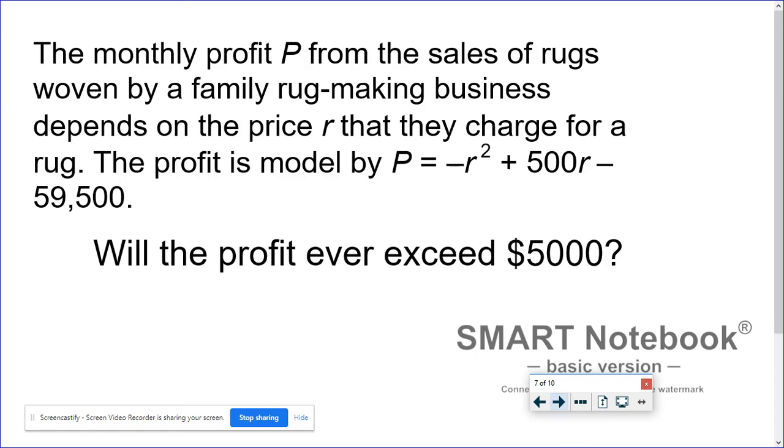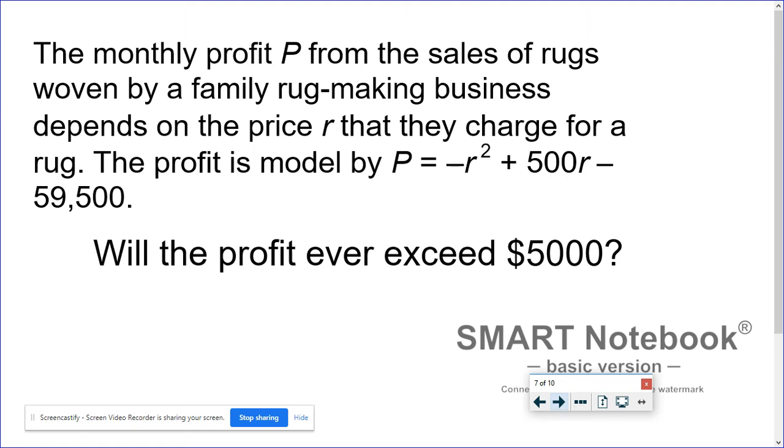In context, if you get a question like this, it's a really typical SAT type question, where you're given a model, like a quadratic model, to represent something. In this case, it's profit that a company is going to make by setting a variable price. If you think about it, there's a perfect price somewhere for selling things.